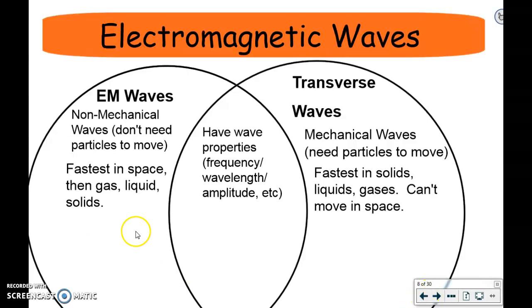You could think of this as if you were a person in an empty hallway, you're going to go the fastest. A gas is like an occasional person in the hallway with you, so you could still go pretty fast. Very small chances you're going to interact with them. Liquids, there are more people. And solids, it's like a pure traffic jam. You really have a hard time going through that hallway.